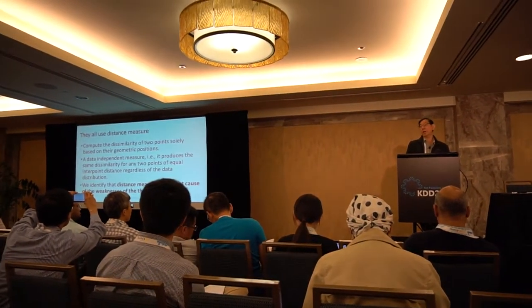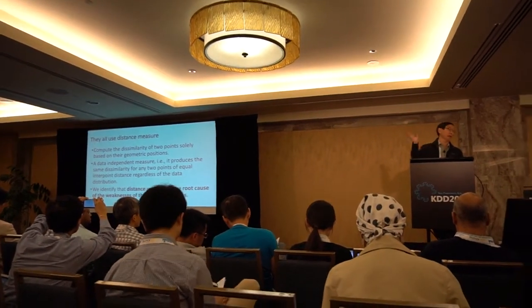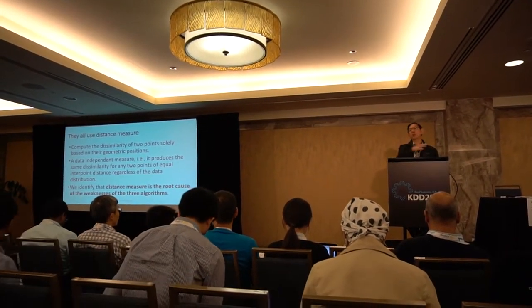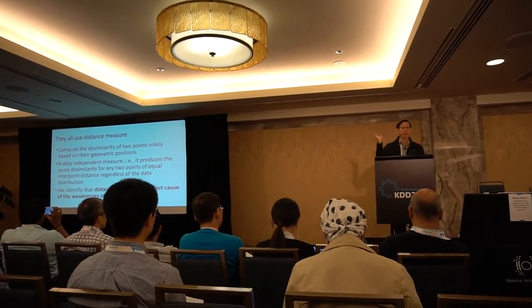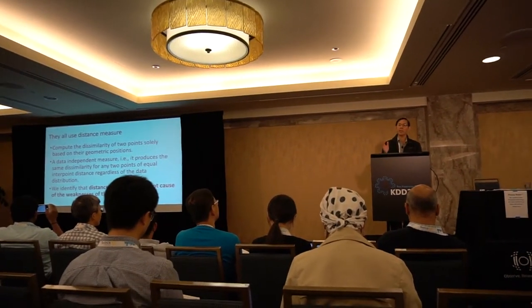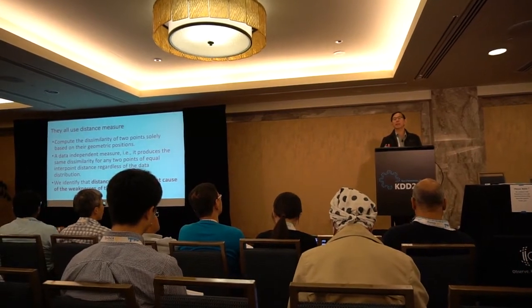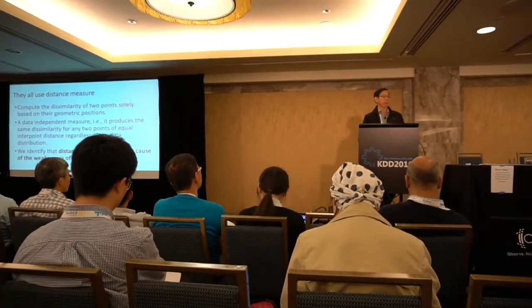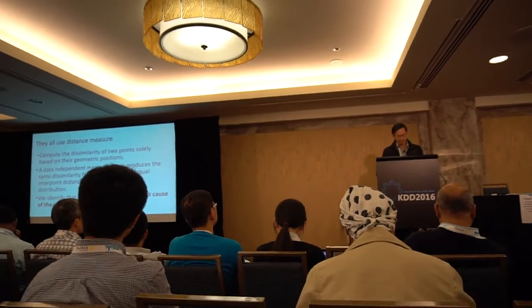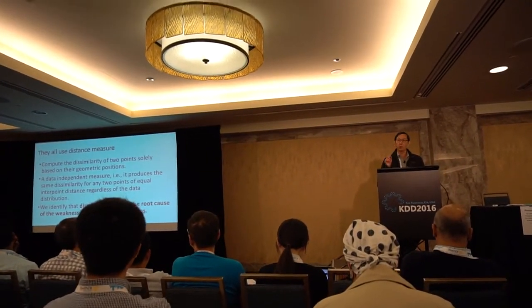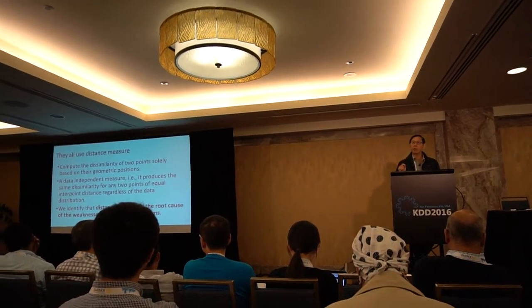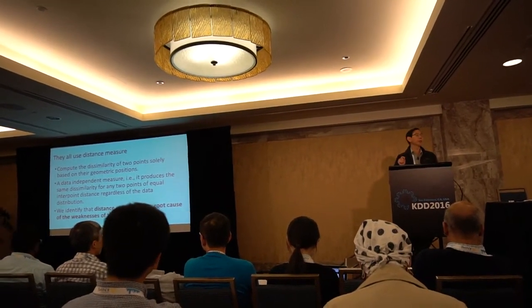The data distribution doesn't matter. You could have very skewed, very uniform, or multimodal, it really doesn't matter. What that means is that the distance function is a data-independent measure. So I'm going to assert that the distance measure is the root cause of the 3 weaknesses I told you earlier.